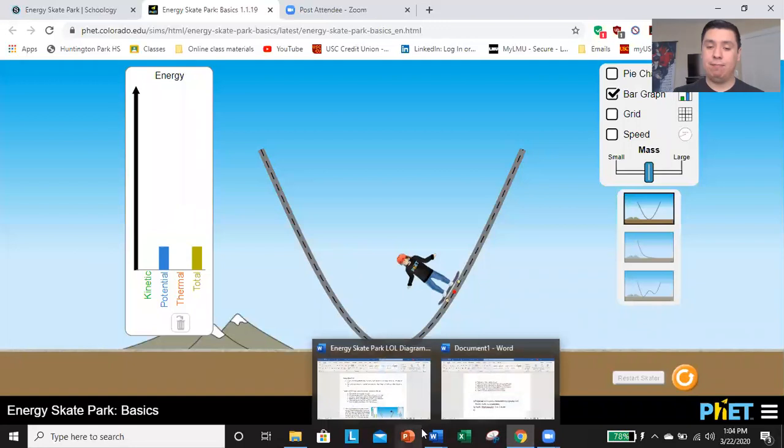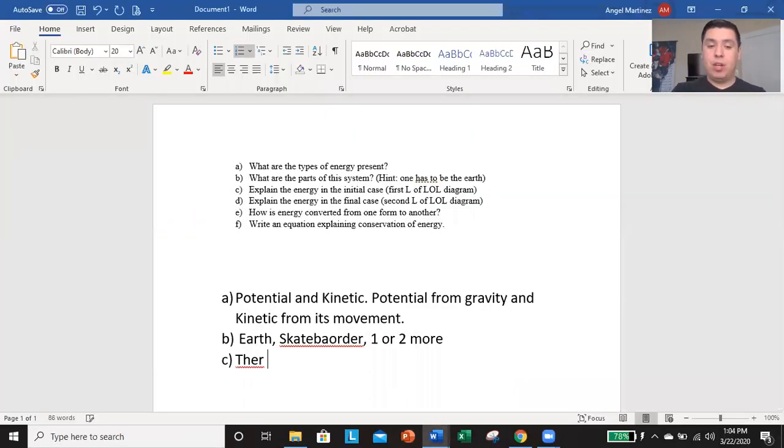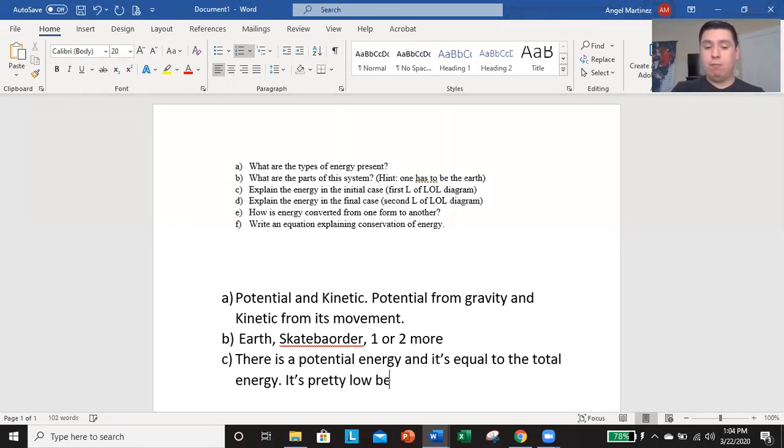So we can write that there is a potential energy and it's equal to the total energy for right now, or just right there. And then it's pretty low because we're only around a fourth of the way up the ramp.